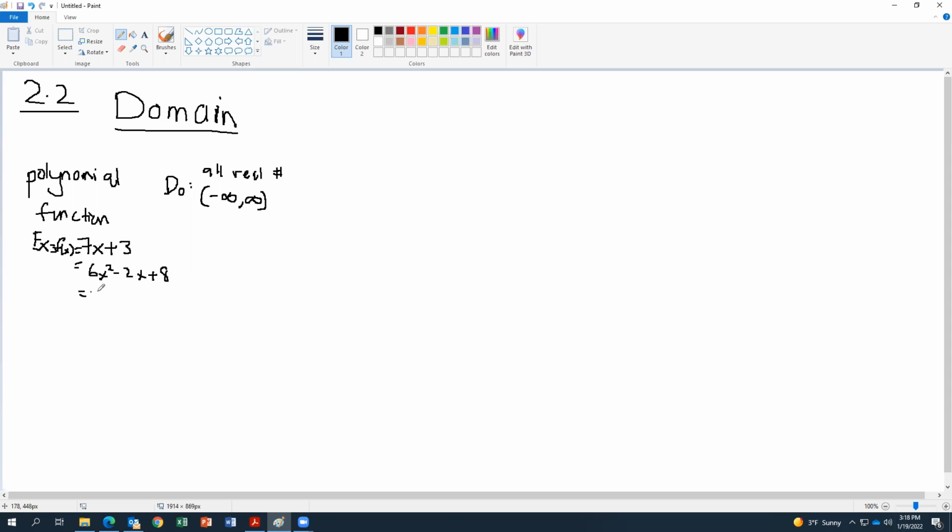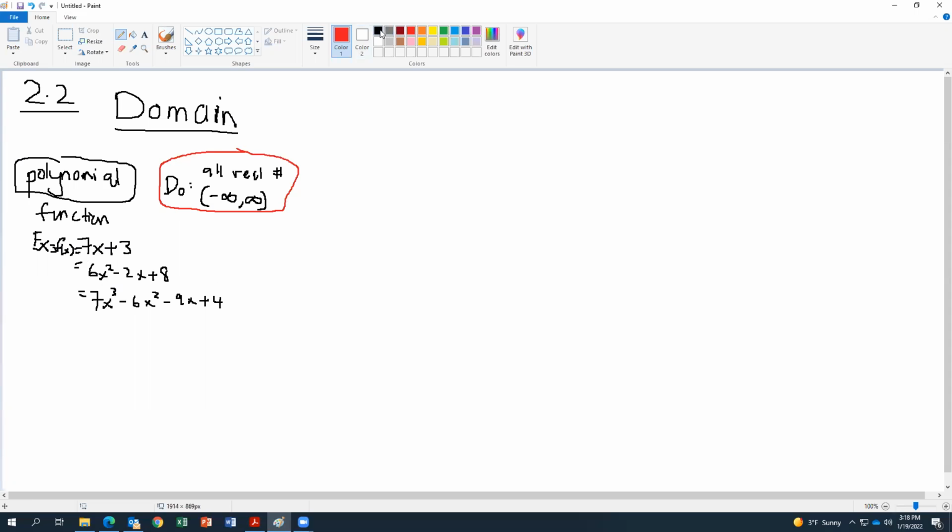F of x is 7x cubed minus 6x squared minus 9x plus 4. So this is what we call polynomial functions. They are functions with exponents where the exponents have to be whole numbers like 1, 2, 3. So if I ask you what is the domain for this kind of function, your domain is going to be all real numbers.